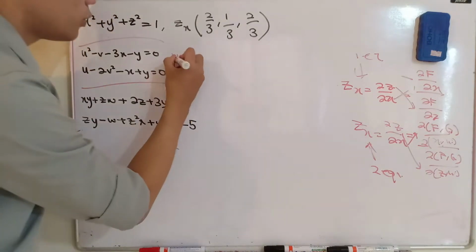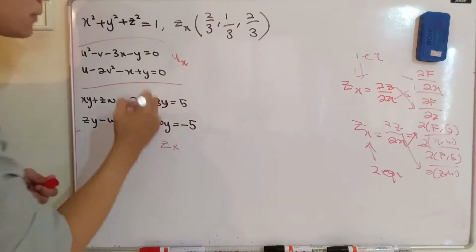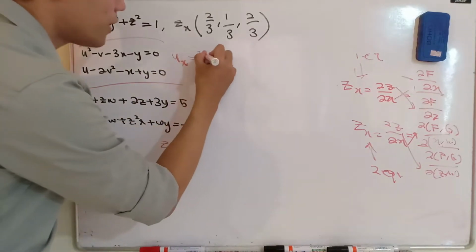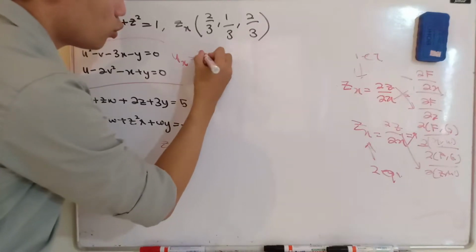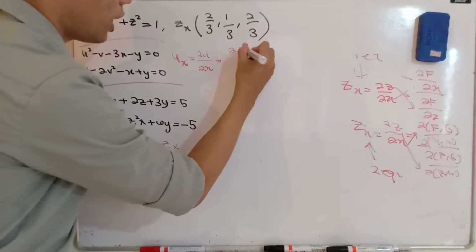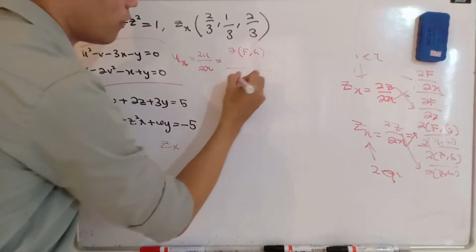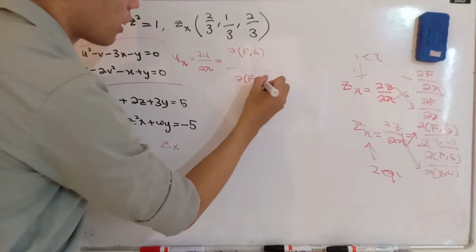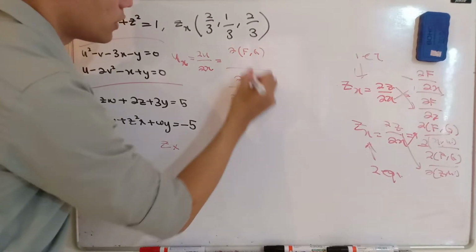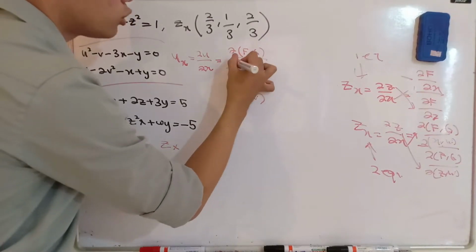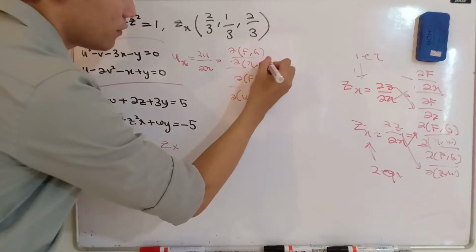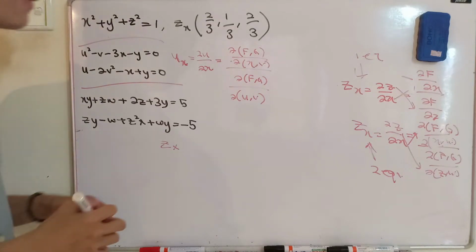So here u with respect to x and z with respect to x. For u with respect to x, I'm going to have del f g over del f g. Here I have uv. Here I need to change my u to x, so you're going to have it as v.